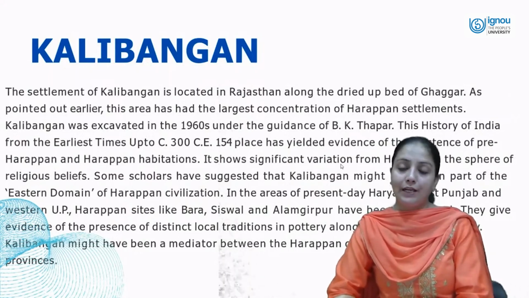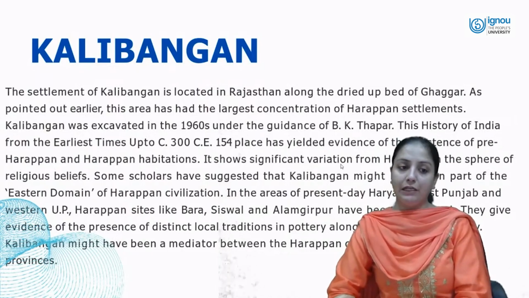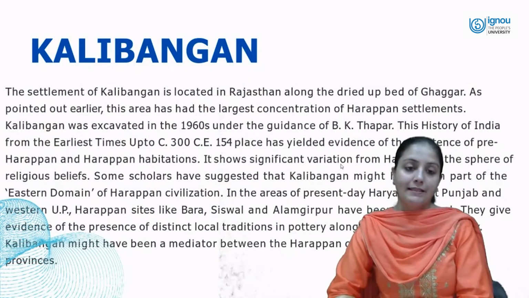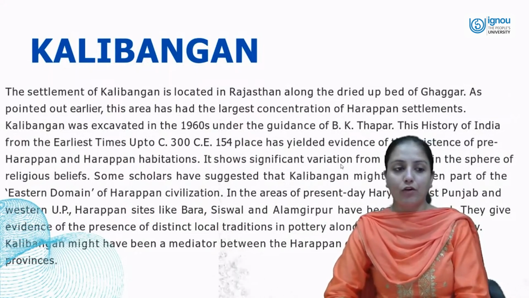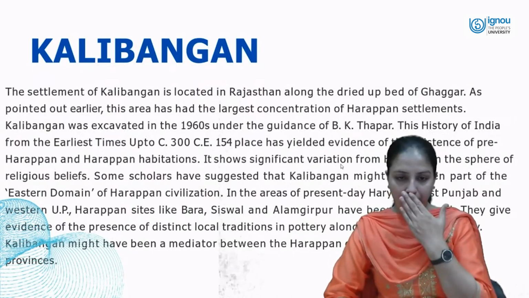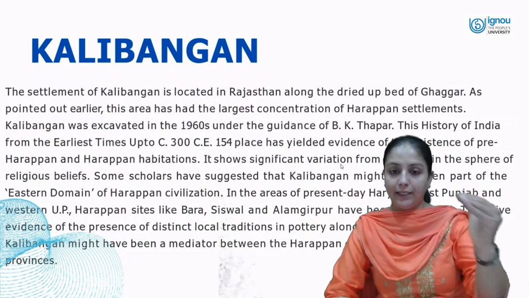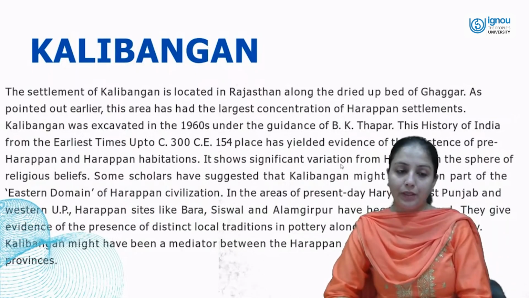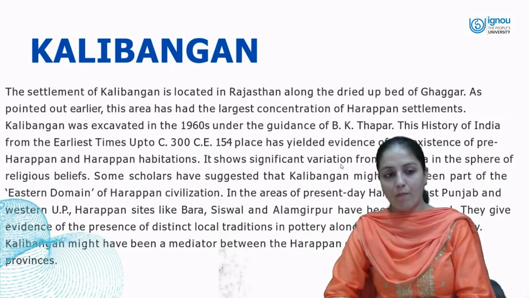It shows significant variation from Harappa. In the sphere of religious beliefs, some scholars have suggested that Kalibangan might have been part of the eastern domain of Harappan civilization. In the areas of present-day Haryana, East Punjab, Western UP, Harappan sites like Bara, Siswal, Alamgirpur have been discovered.